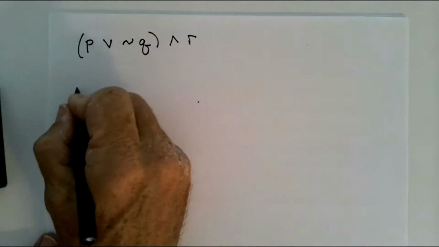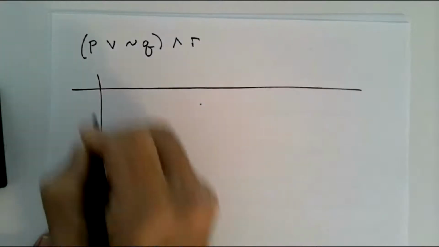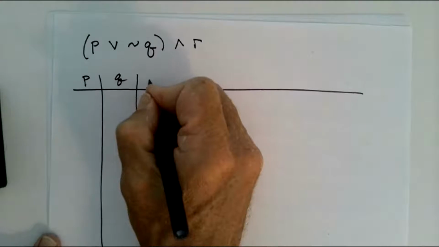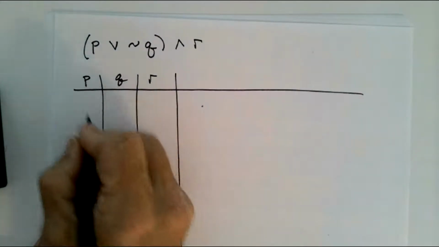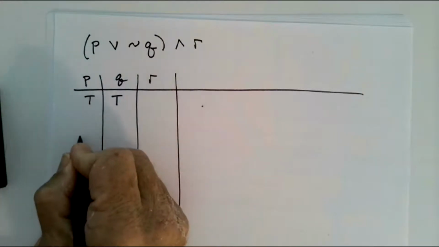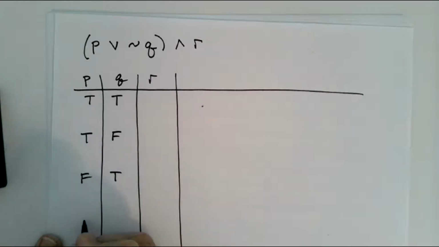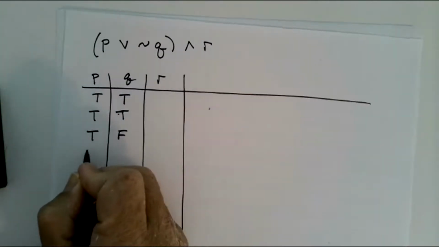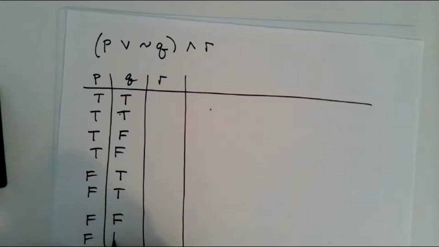So we've got to build our first three columns: P, Q, R. I like to just skip a line. TT, TF, FT, FF, that's easy to remember, and then double them up, so TT is there twice, TF is there twice, FT is there twice, FF is there twice.